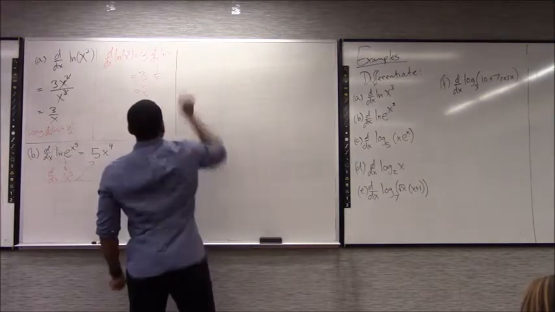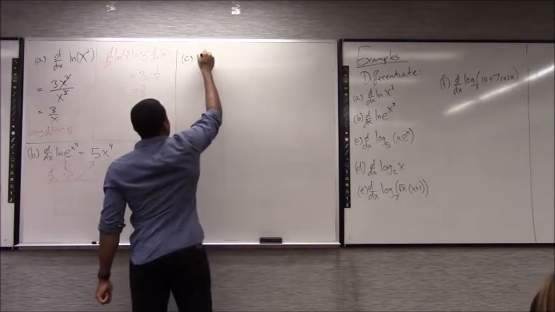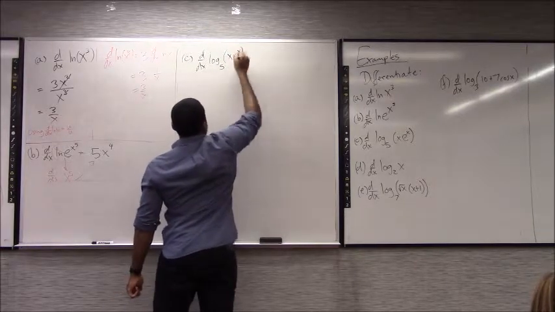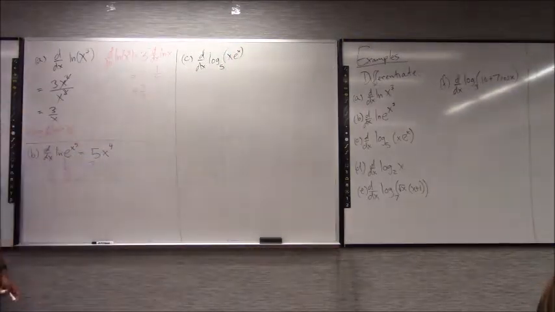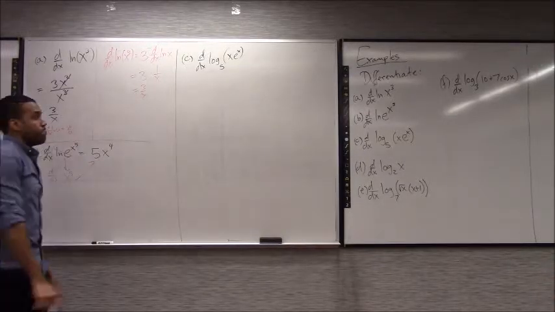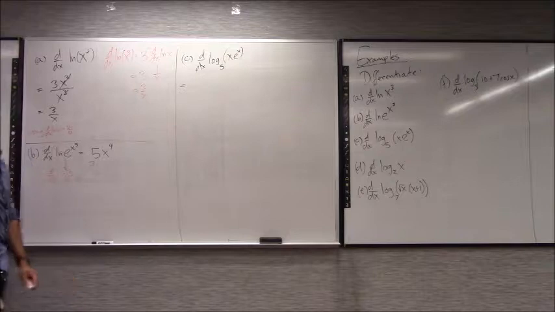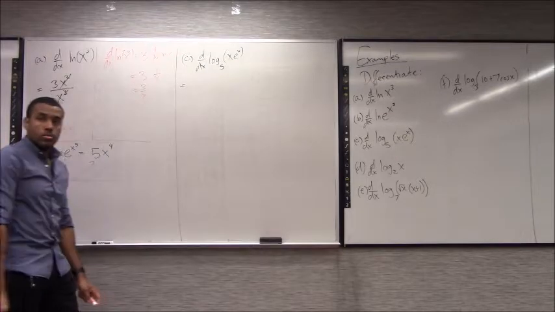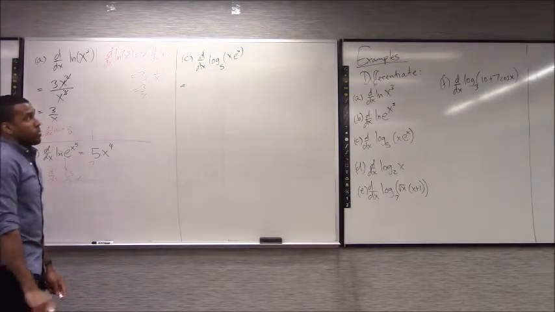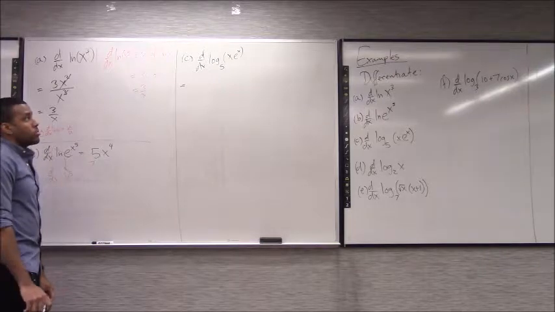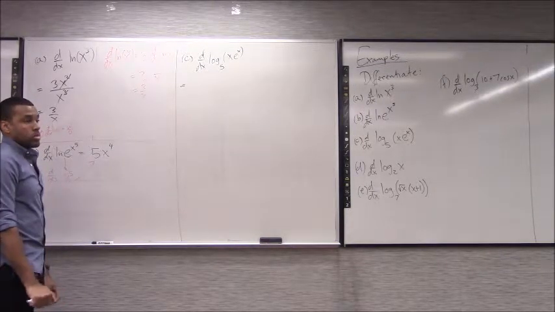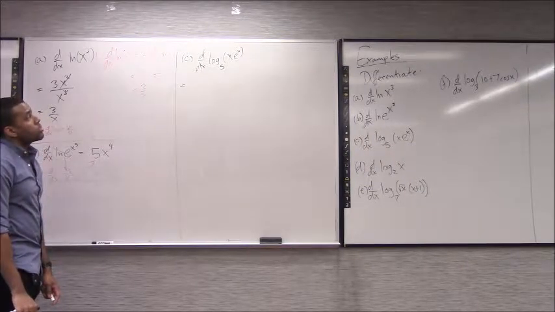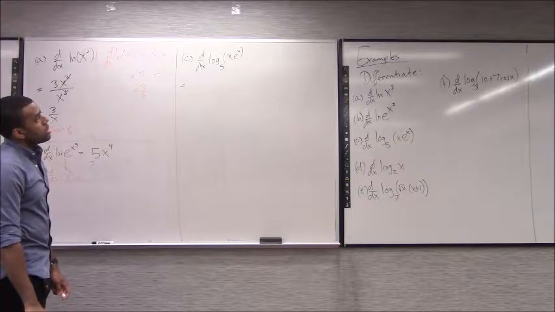So now, C. d/dx of log to the base 5 of x e to the x. I got x squared e to the x over x e to the x ln 5.